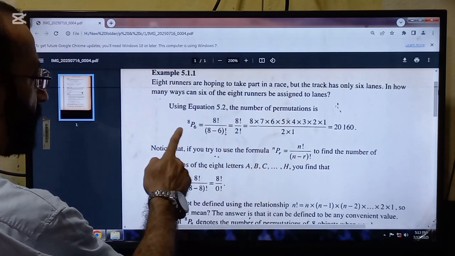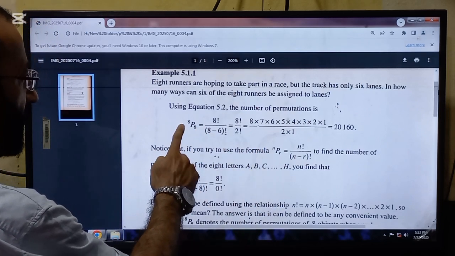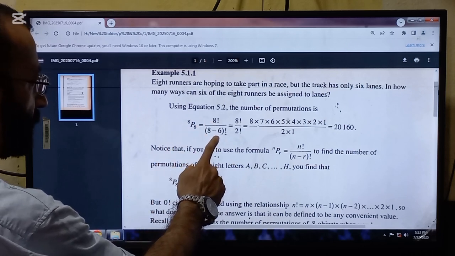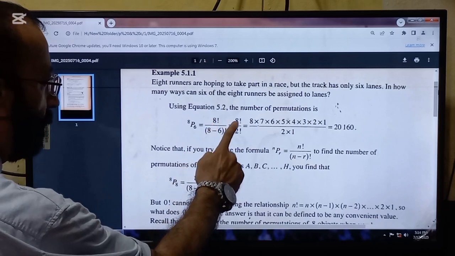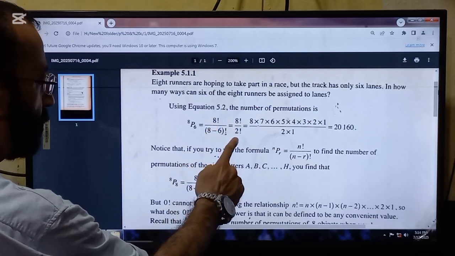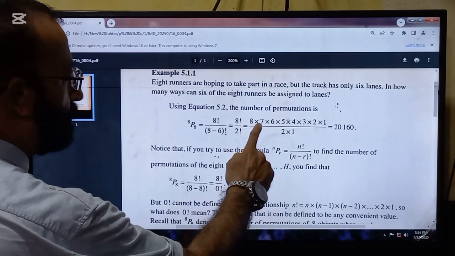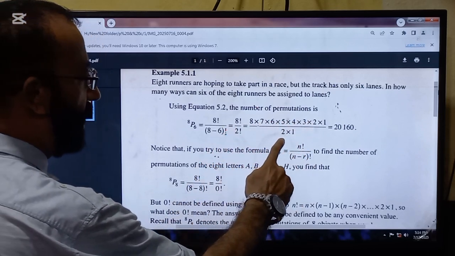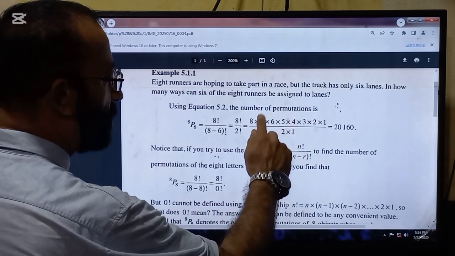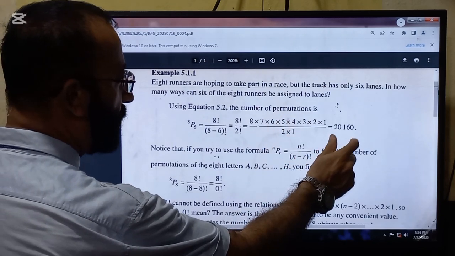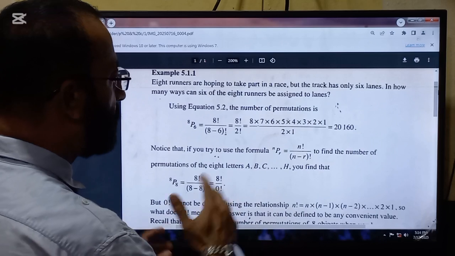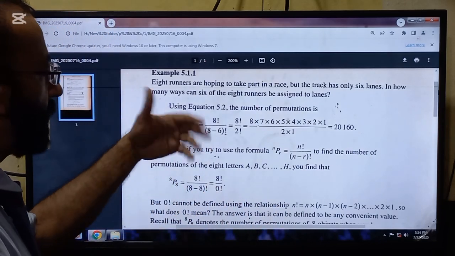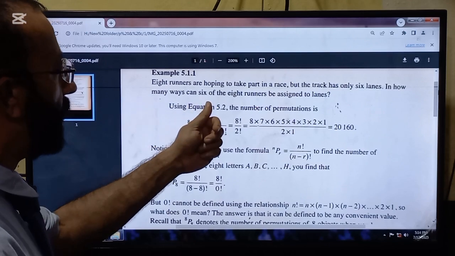So the method to solve 8P6 is 8 factorial over 8 minus 6 factorial. 8 minus 6 will be 2 factorial. So 8 factorial is put in the numerator and 2 factorial in the denominator. Solving this gives the answer 20,160. So these are the number of ways you can choose 6 runners out of the 8 runners to be assigned to lanes.